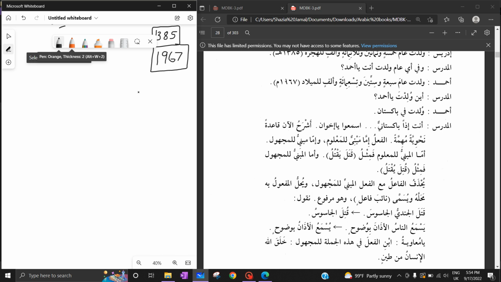It follows the noun in all 4 things: in gender, number, harakat, and marifa also, in definiteness. All 4 rules for sifa, nisba also follows, like a sifa. So here Pakistani, whenever you see a ya and a shadda over it, remember it is a nisba describing the noun, and here it is saying that yes, he is a Pakistani, showing the nationality.